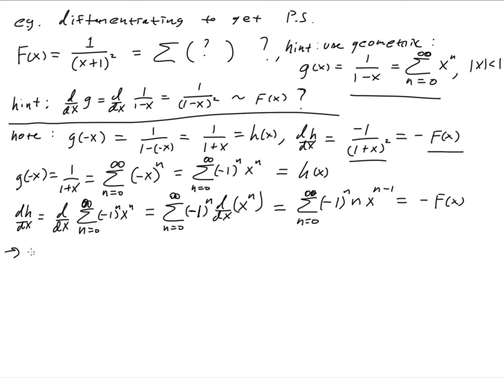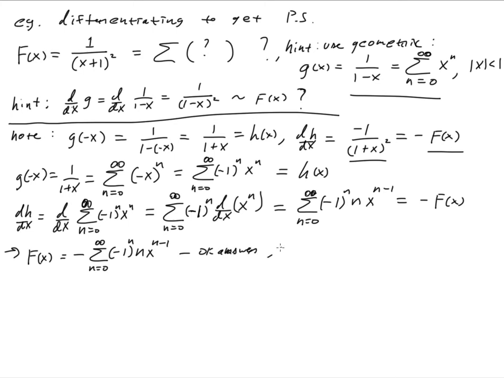So what I need to do is, of course, find F of x, which is just going to be the negative of the sum, n equals 0, going up forever, of negative 1 to the n times n, x to the n minus 1. So that's an okay answer.